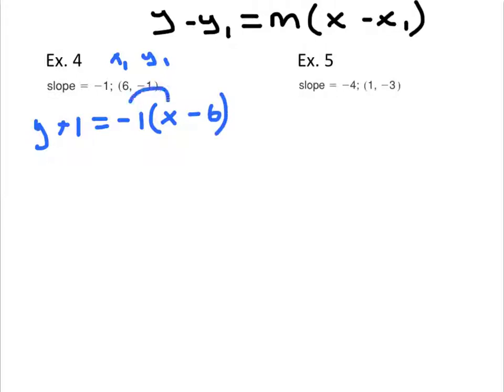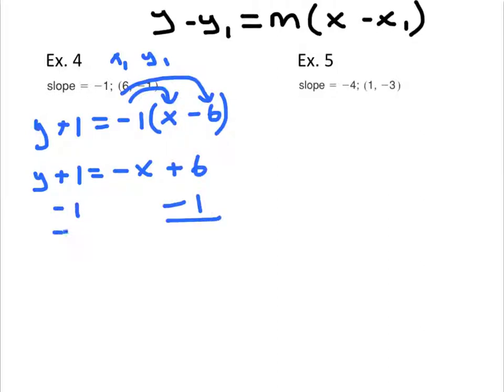Then distribute, so y plus 1 equals -x plus 6. Subtract 1 on both sides. Ones cancel. y equals -x plus 5.